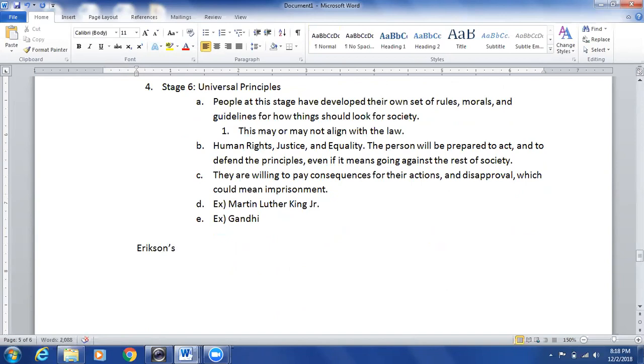So Erickson's 8 stages of development. The first one, trust versus mistrust. And this is looking at ages 0 to 1.